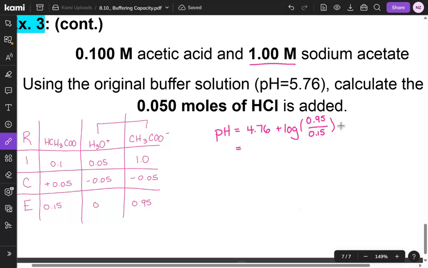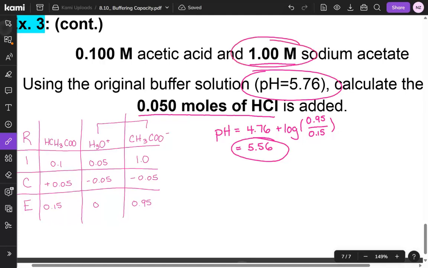Okay, so when I plug that in, I get a value of 5.56. Okay, so our original pH that we started with in our buffer was 5.76. When we used an acid, it only changed to 5.56. That's tiny. So we added HCl, which is an acid, and we had more base in our solution.